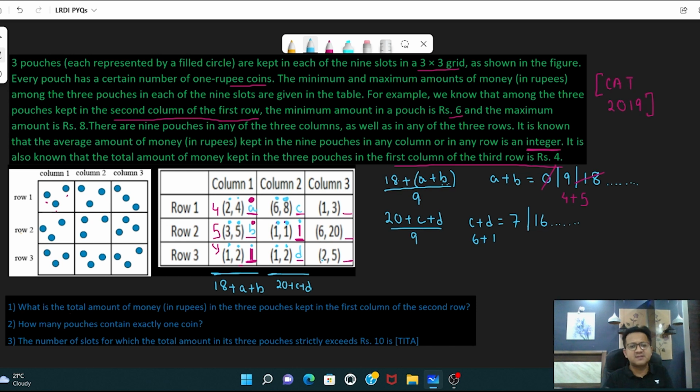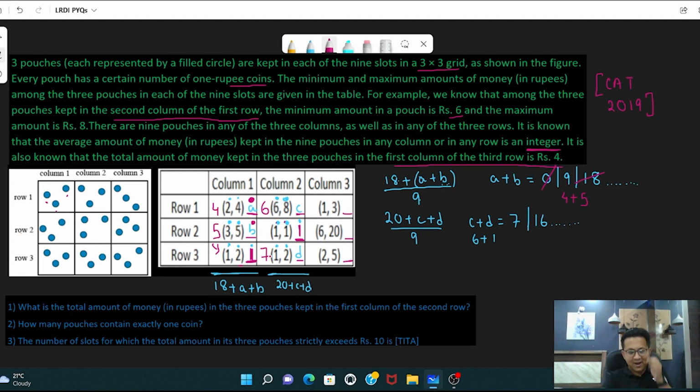Can C be 7? If C is 7, D is 0, but D cannot be 0 because D has to lie in the range 1 to 2. So the only possibility is 6 plus 1. That would mean C is 6 and D is 1.